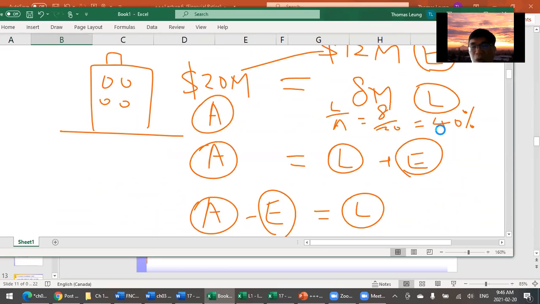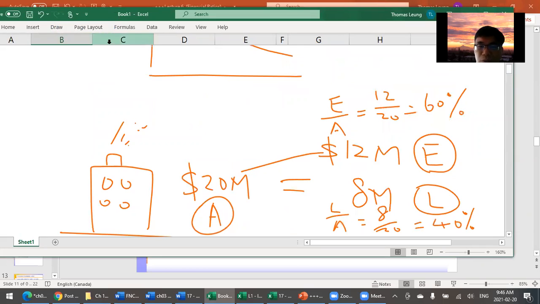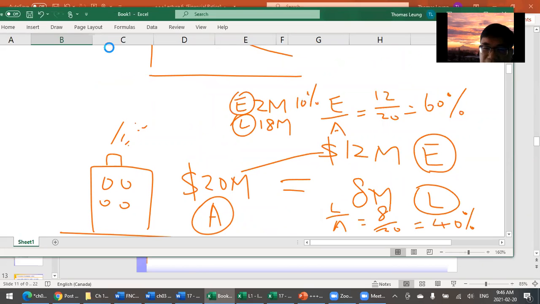Then you can tell, oh, I borrow really a lot of money because it's 90%. So if you invest just, say, 2 million, I mean, if E is 2 million, and if you borrow the remaining 18 million, then you get 10% and 90%.